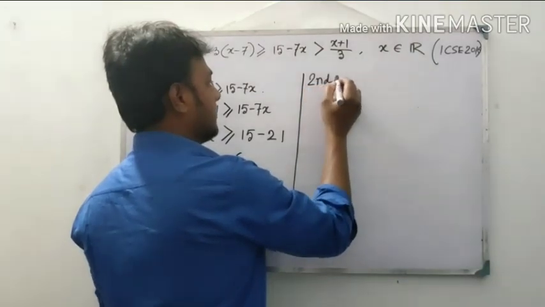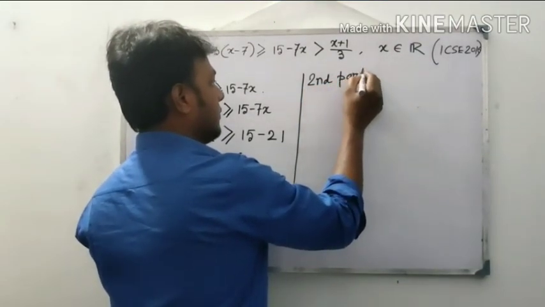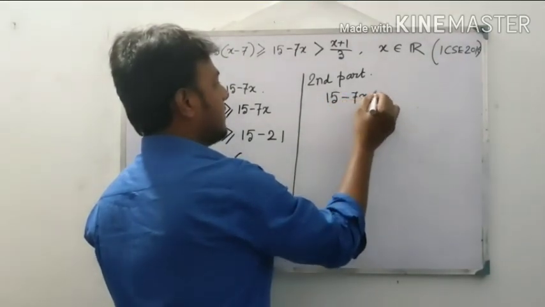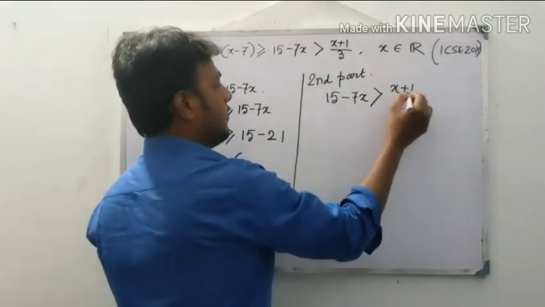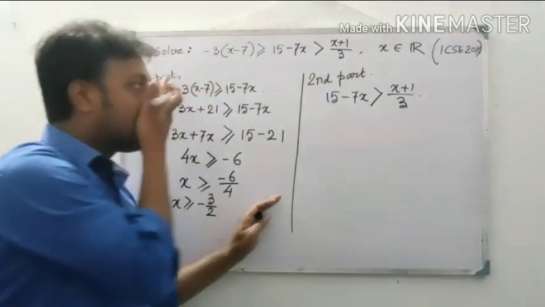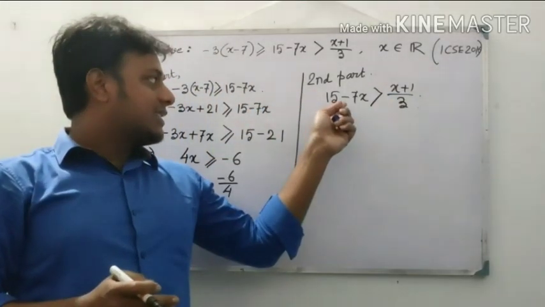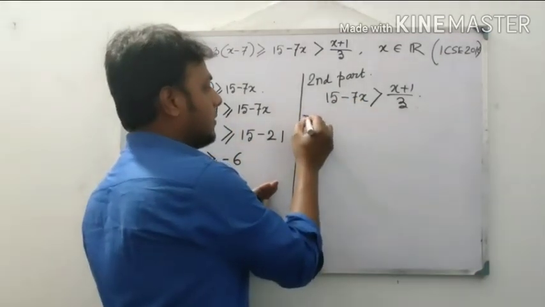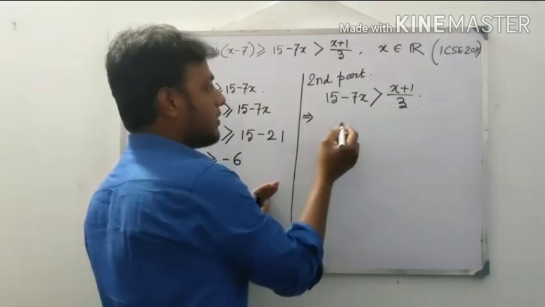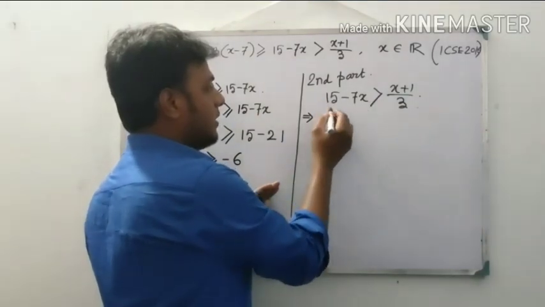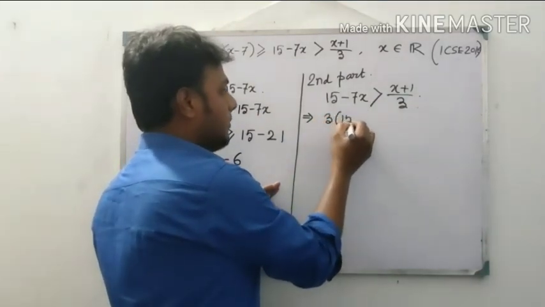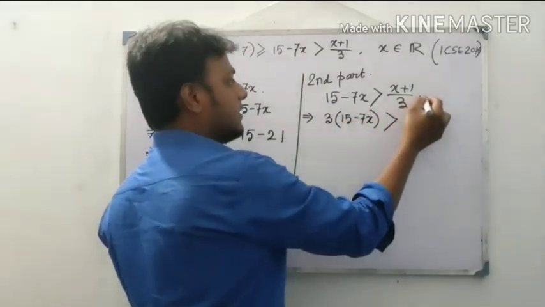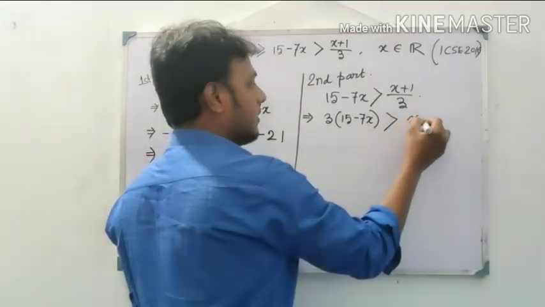The second part is 15 minus 7x greater than x plus 1 by 3. This is the second part. So make it simple: first multiply both sides by 3. If you multiply both sides by 3, then 3 is a positive number, so there is no change of inequation sign. Multiplying, we get 3 into 15 minus 7x on the left, and on the right hand side the 3 will be cancelled out, leaving x plus 1.